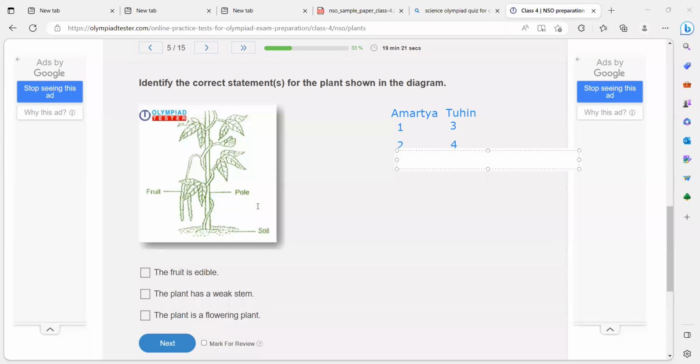Yes, the pole is a stick that is helping the plant to stand. Okay. Yes, ma'am, the plant has a weak stem. You can see the plant has a weak stem. Okay.